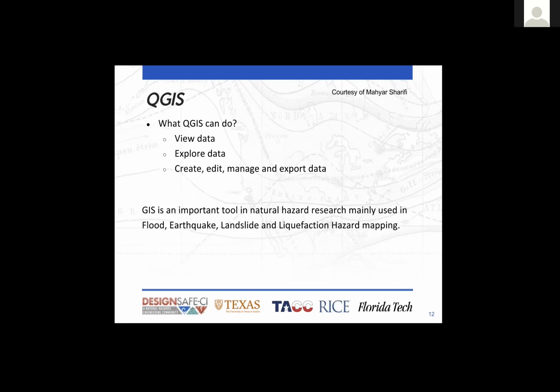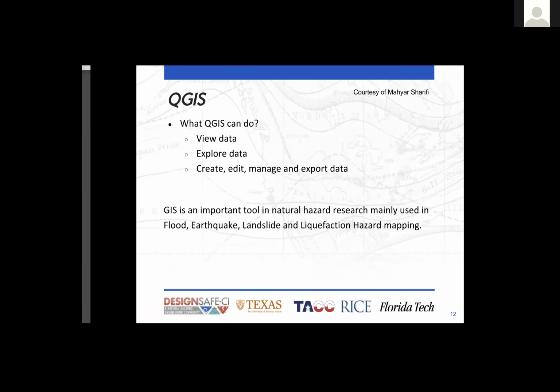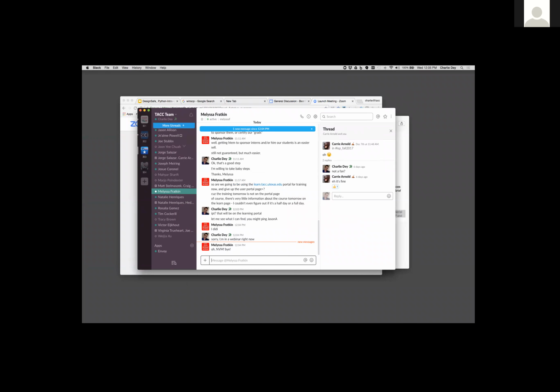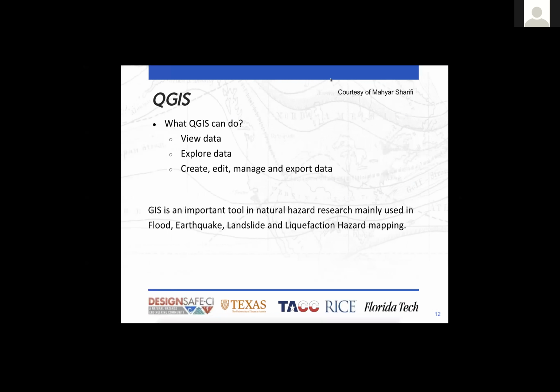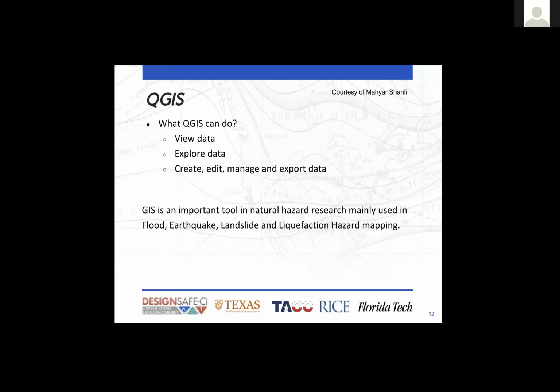So what can QGIS do? It can view data, it can explore data, and we can create, edit, manage, and export our information. And it's a very important tool for hazard research, mainly used in flood, earthquake, landslide, and liquefaction. So this app right now is in beta, or actually really in pure alpha format.